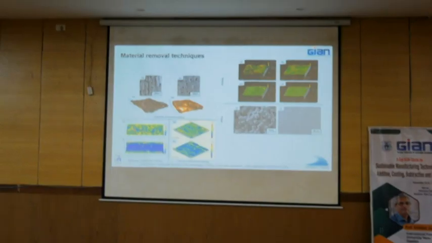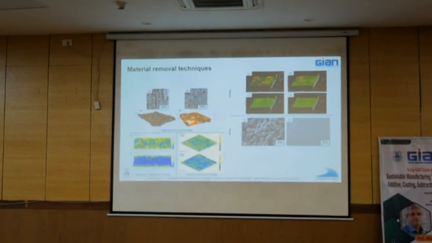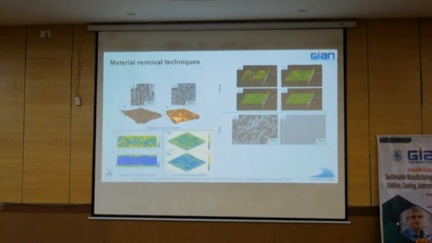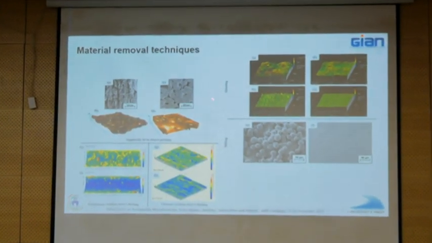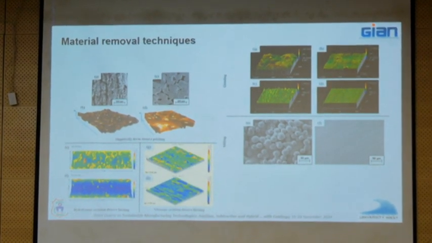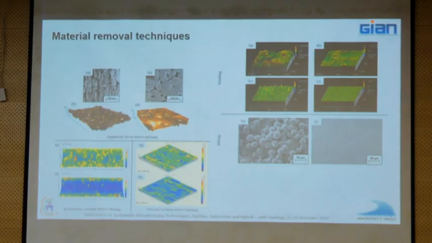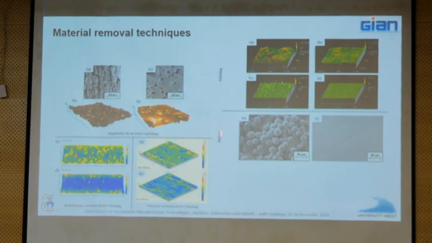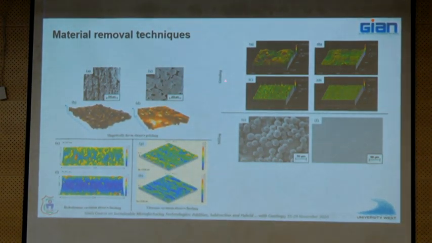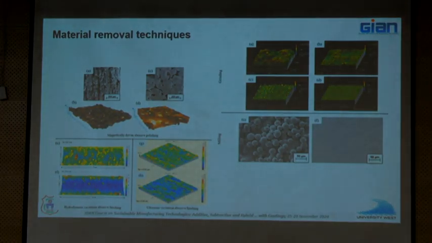So there are many material removal techniques, as I showed you earlier, and all of them are good. Here are some examples, again from the lab now. What happens to the surface roughness if you do grinding? This is an as-built part, and depending upon how you grind, you can eventually get there.